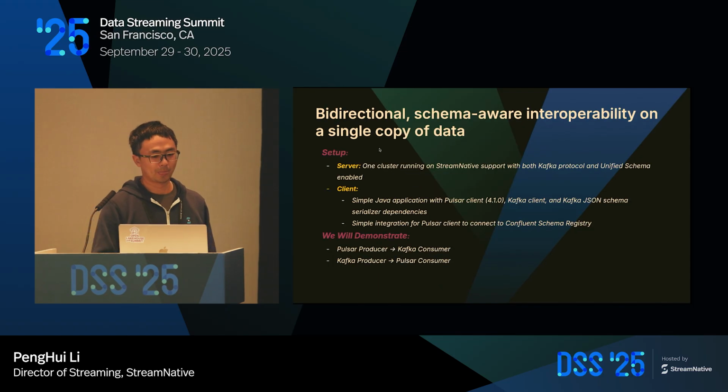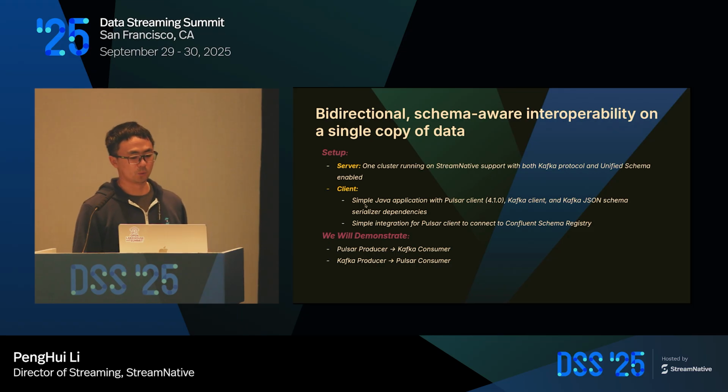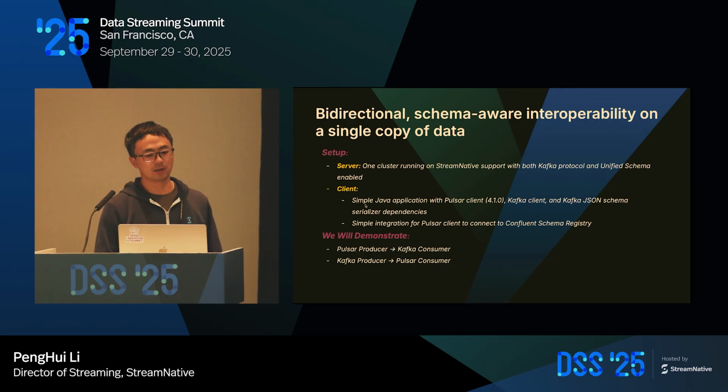So for the demo, we have one cluster running on StreamNative, and it supports both the Kafka protocol, the Pulsar protocol, and the schema. On the client side, it's just a simple Java application built with the latest Pulsar client. We will send JSON format data from both the Kafka and Pulsar clients.